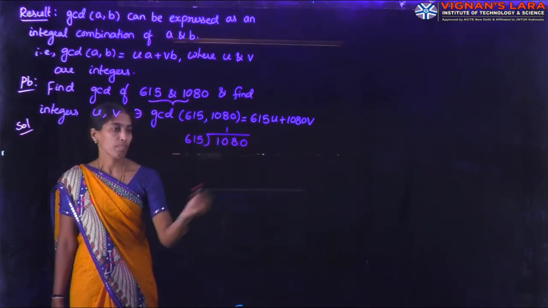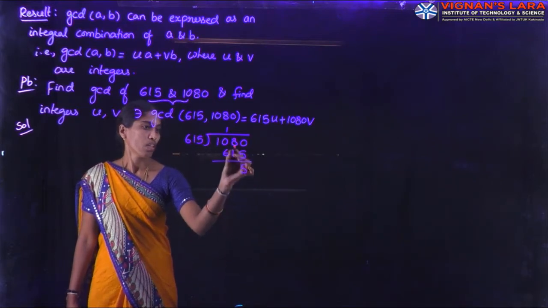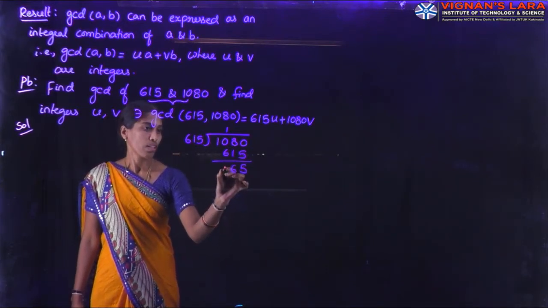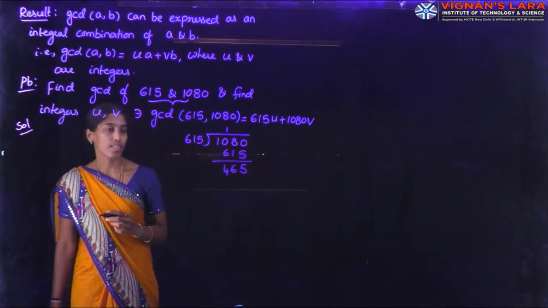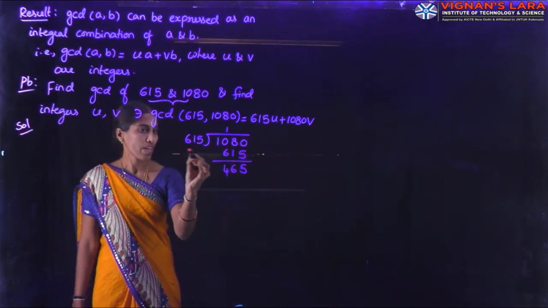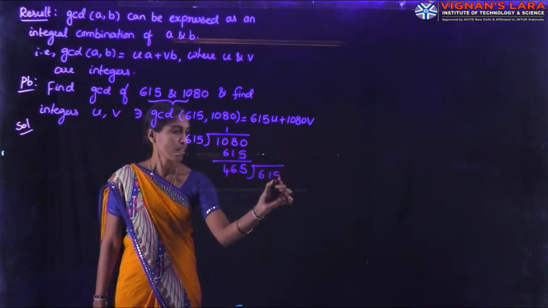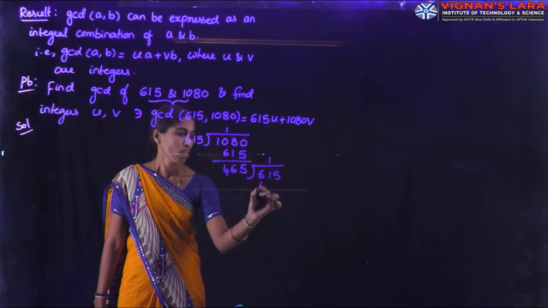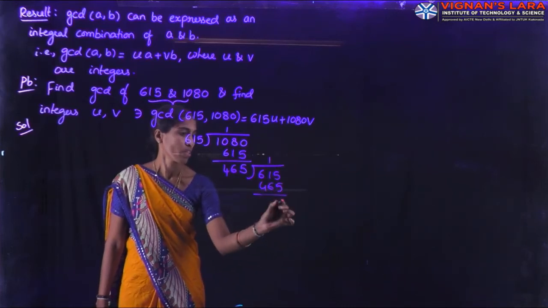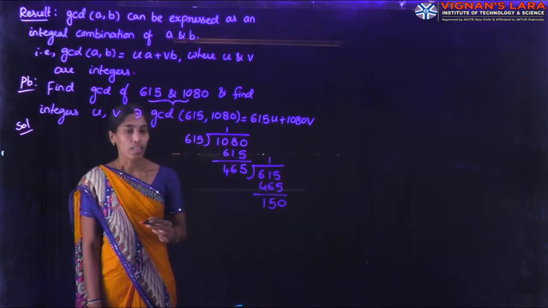Here one time 615, 5, 6, it is 4, 465. Next we need to divide the previous divisor 615 using this remainder, right? Again one time 465, 0, 11 minus 6, 5, 5 minus 4, 1.